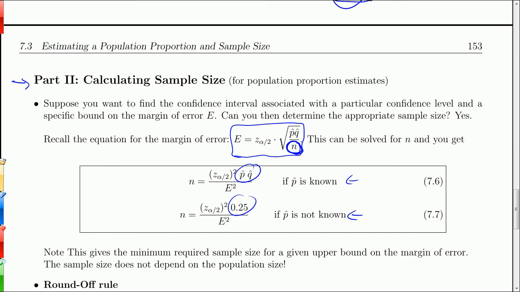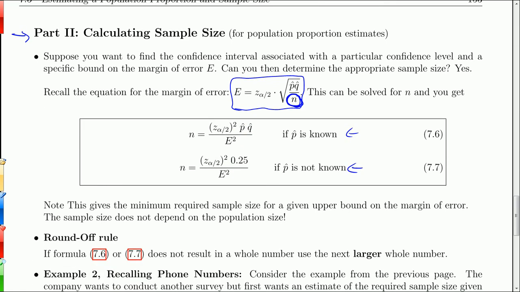Really quite simple. And again, this gives us the minimum required sample size for a given upper bound on the margin of error. So E in this formula equals the max margin of error. What are you willing to tolerate as far as error goes? And again, the sample size does not depend on the population size.